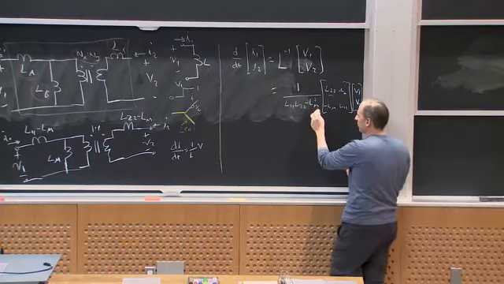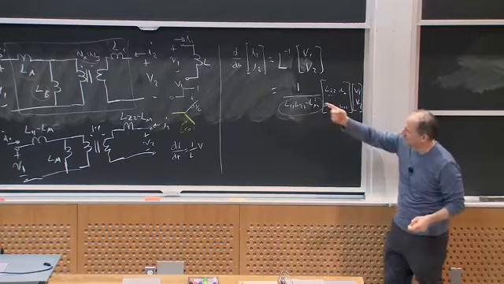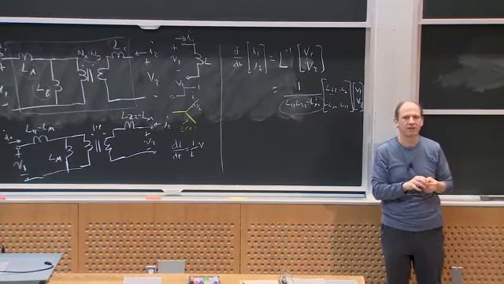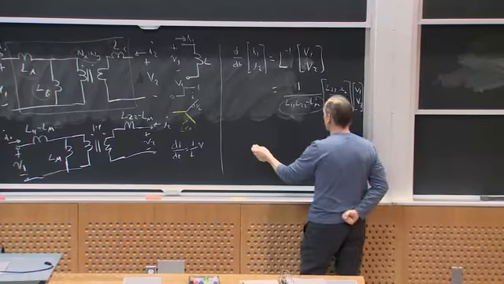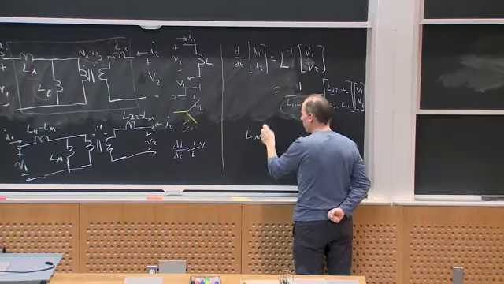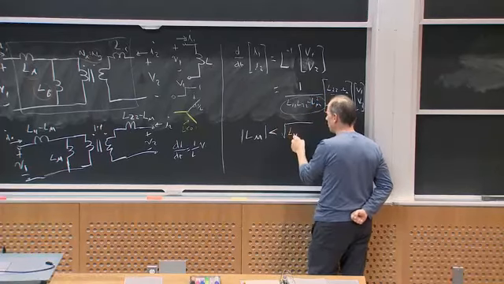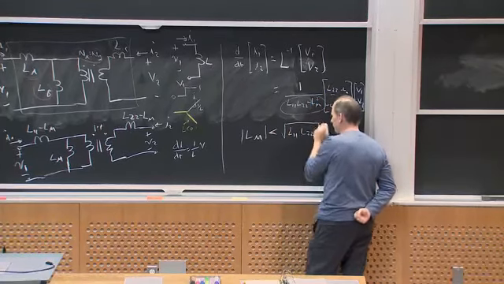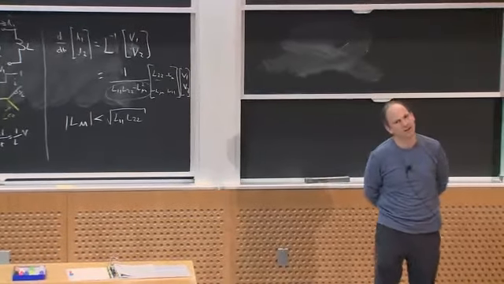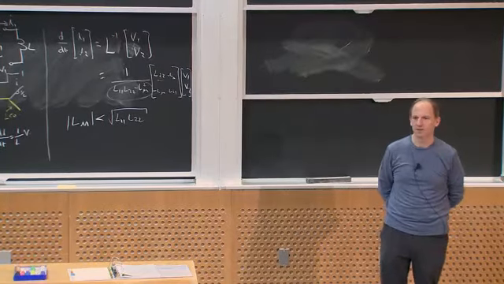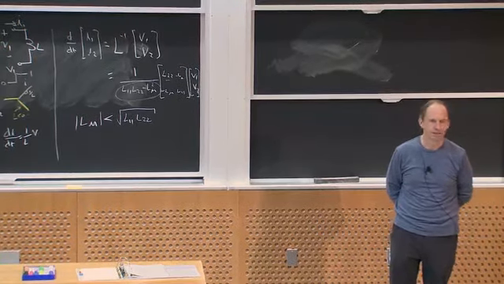This thing has to be a positive number. Or another way to put it is this inductance matrix has to be positive semi-definite. Okay? So what I get is a requirement that the magnitude of Lm has to be less than the square root of L11 L22 for any physical transformer. In the more-winding case that we'll see, it just means the matrix has to be positive semi-definite. Okay?